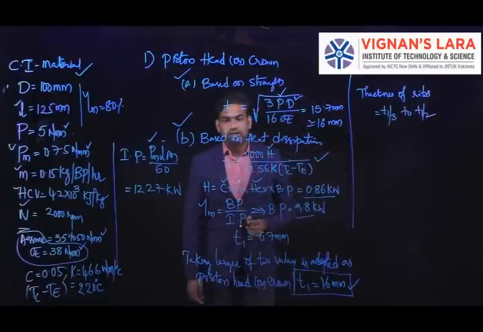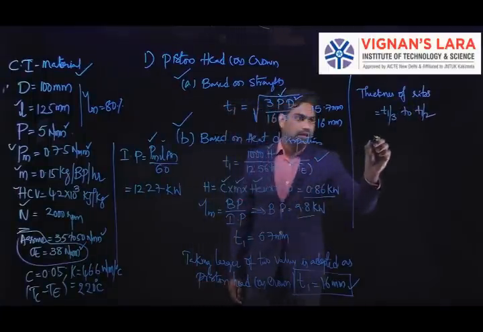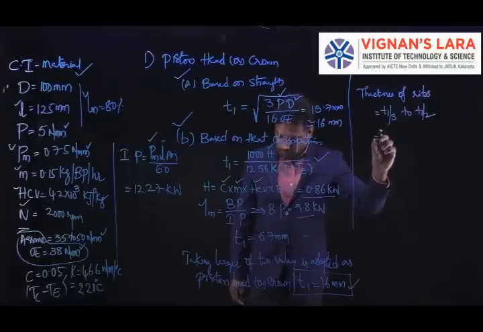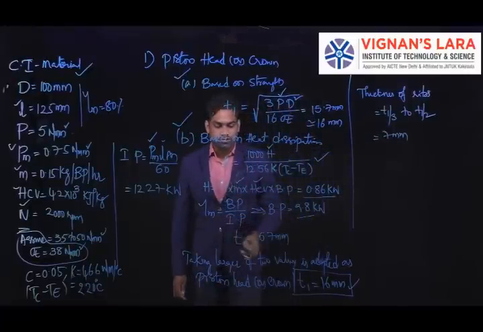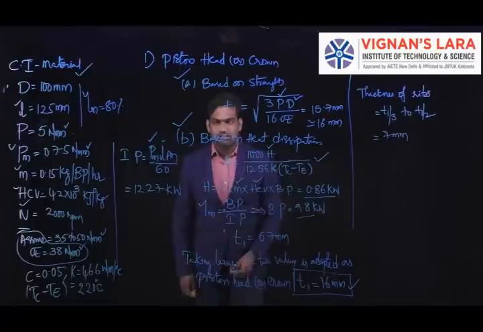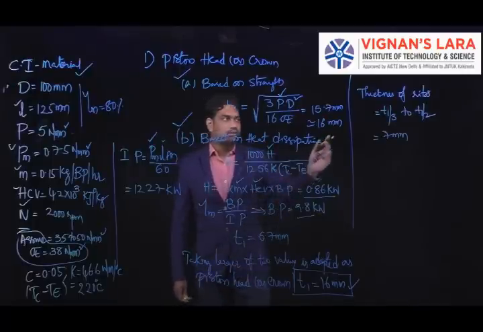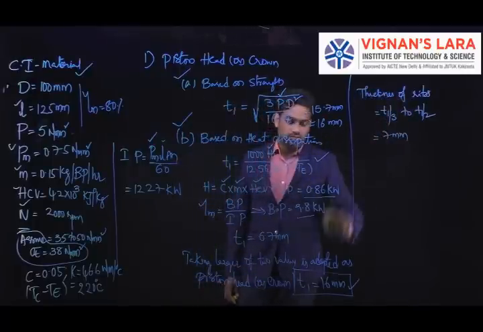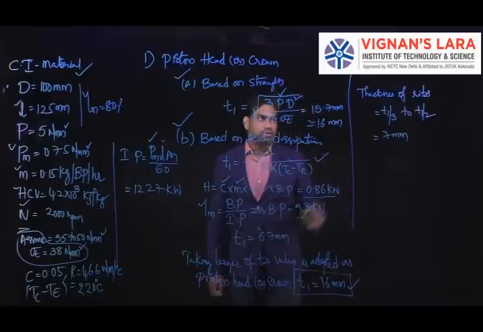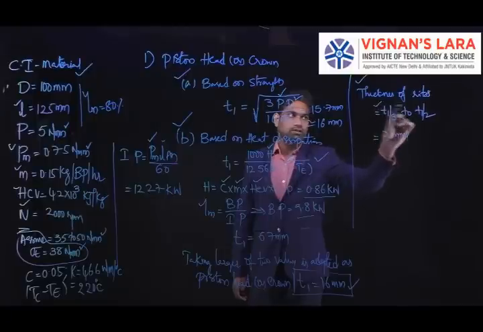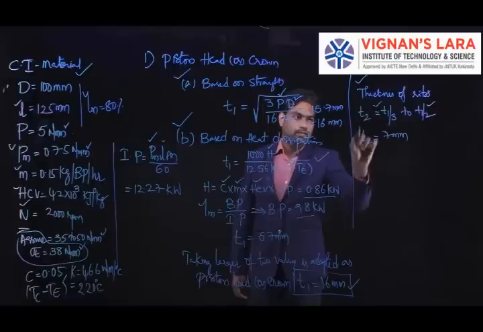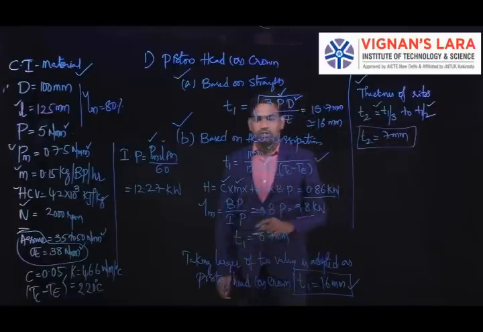Using that we calculate the value, and here it is 7 mm. So the thickness of ribs is T2 equal to 7 mm.